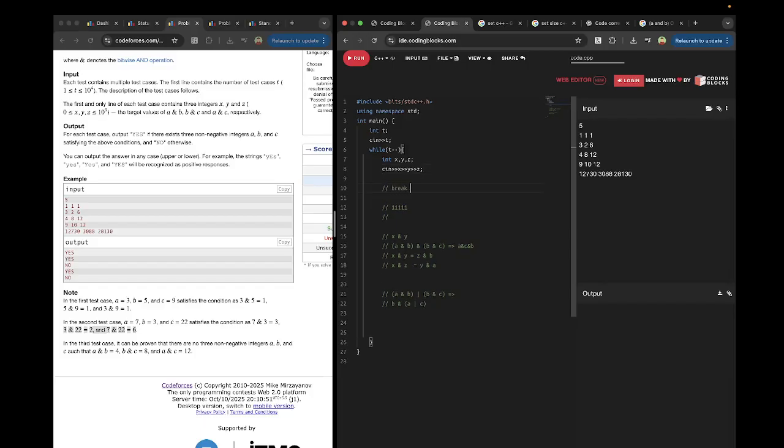What about breaking x, y, z into bits? And since they are ands of two numbers, we can look at, let's say x is 1010, right? We can make x using any two numbers where here there can be anything.